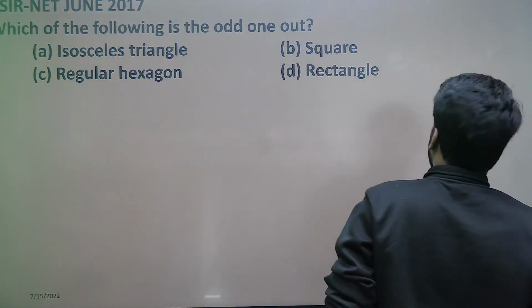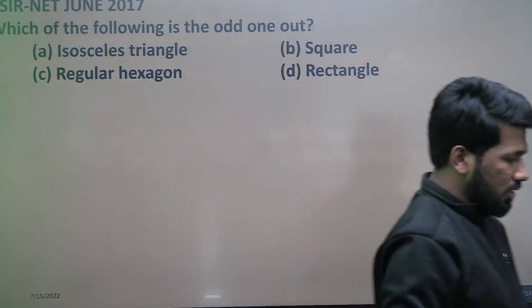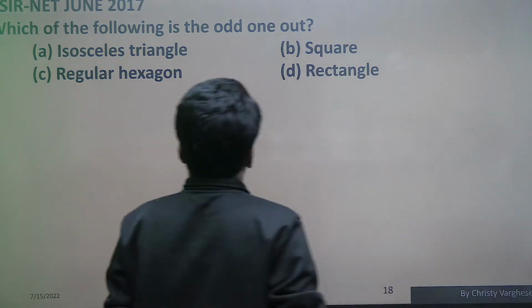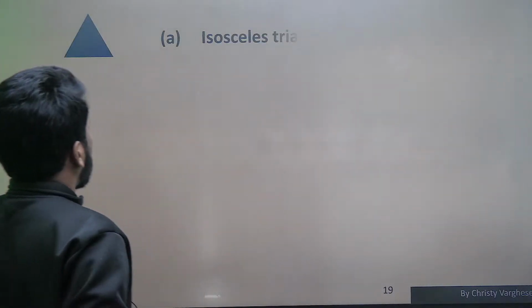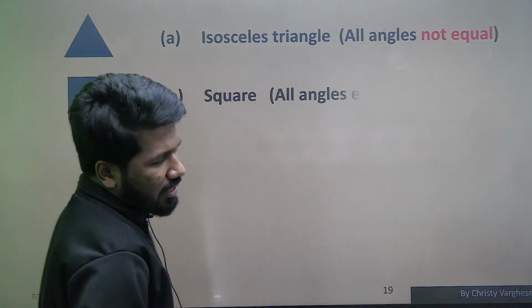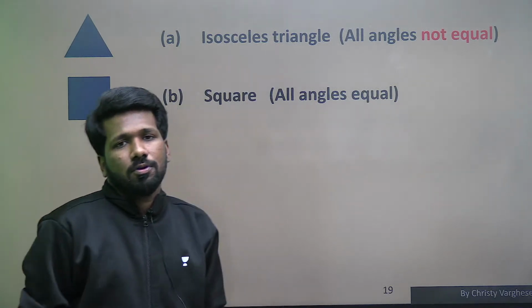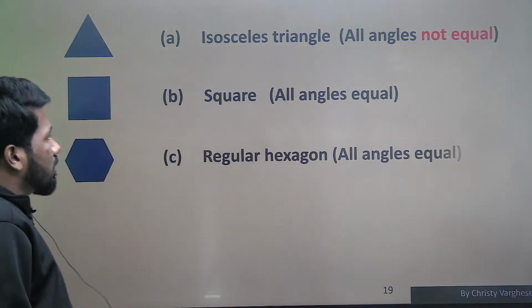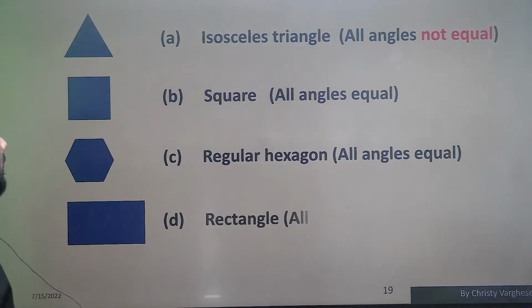Which of the following is the odd one out? Last class we discussed different types of polygons, so that idea is enough to do this question. Isosceles triangle: all angles are not equal, all sides are also not equal. Two angles are equal, two sides are equal. But square, all angles are equal. Regular hexagon, all angles are equal.